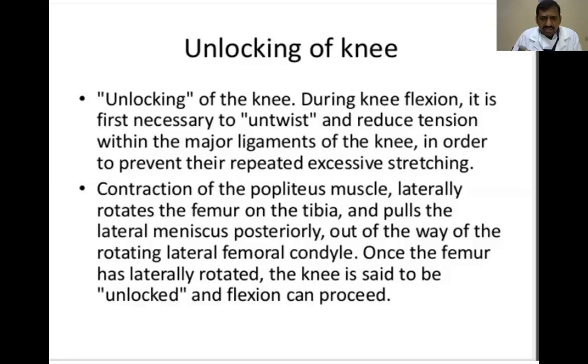First there is contraction of the popliteus muscle, followed by lateral rotation of the femur on the tibia, which pulls the lateral meniscus posteriorly out of the way of the rotating lateral femoral condyle. Once the femur has laterally rotated, the knee is said to be unlocked and flexion can proceed. That is the locking and unlocking. This is also very, very important.